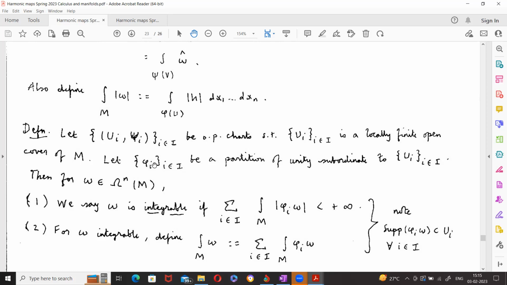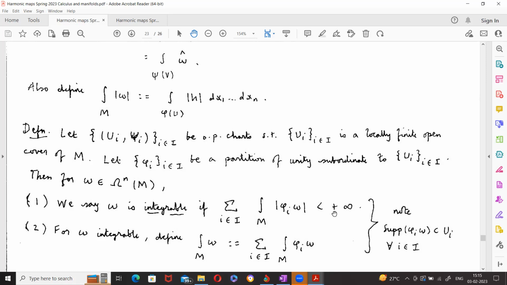So given this partition of unity, and given an omega which is an n form on M, we say that omega is integrable if the sum over i of the integral over M of mod phi i omega is finite.